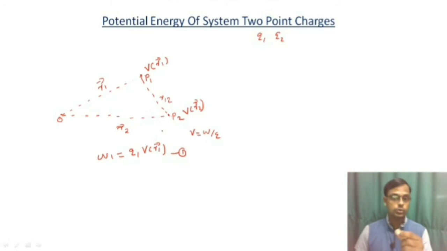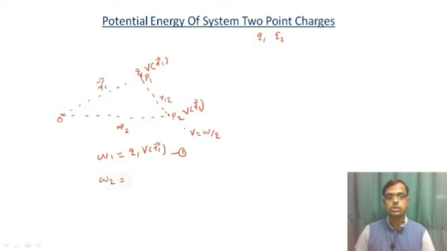Imagine the Q2 you are bringing to the position P2. The work has to be done against two electric fields. One is the already present external electric field, and the other one is the electric field due to the charge Q1 at the position P1. So I can write this as W2.